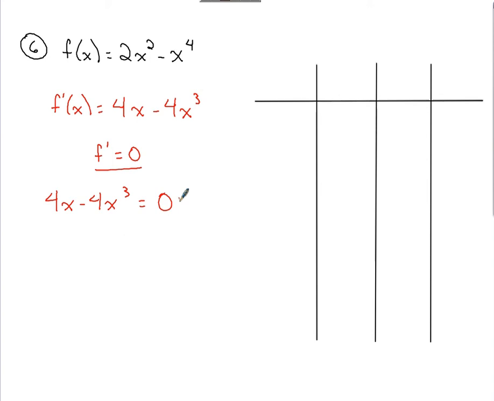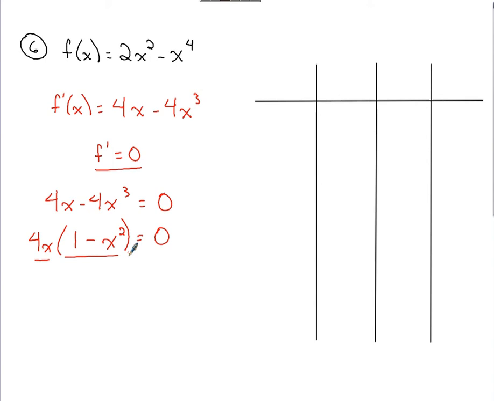Got some factoring in order, so take out the greatest common factor of 4x. That leaves you with 1 minus x squared. That all equals 0. Could factor this a little further, or just go ahead and take each of my factors, set them equal to 0, and solve from here.